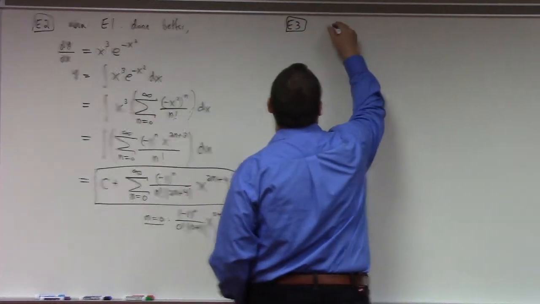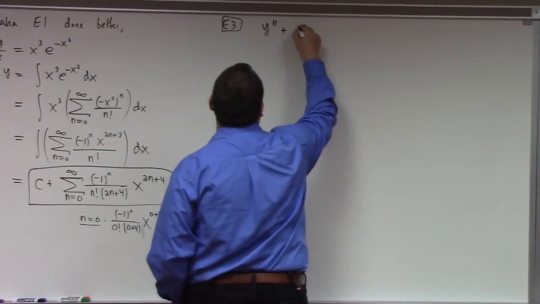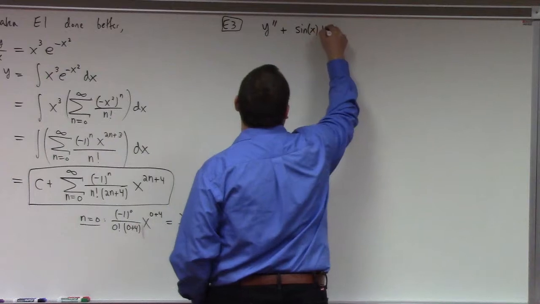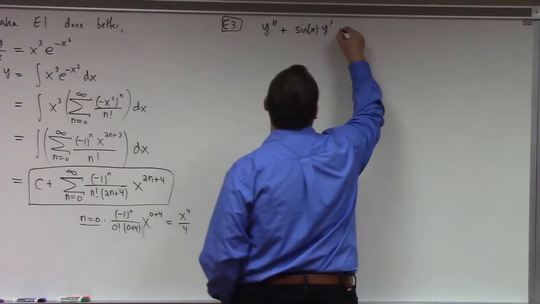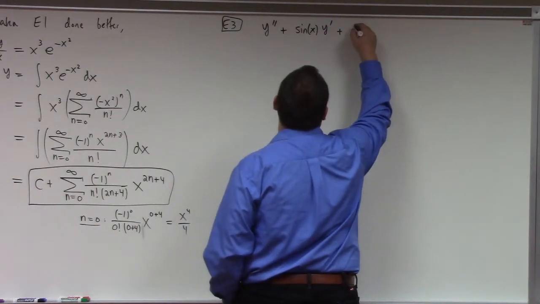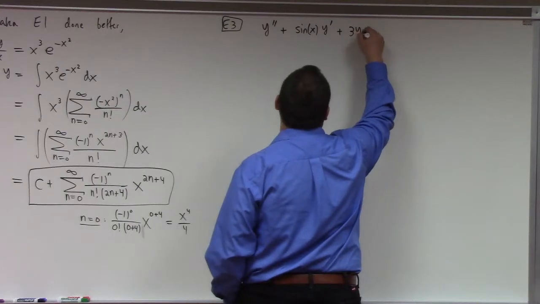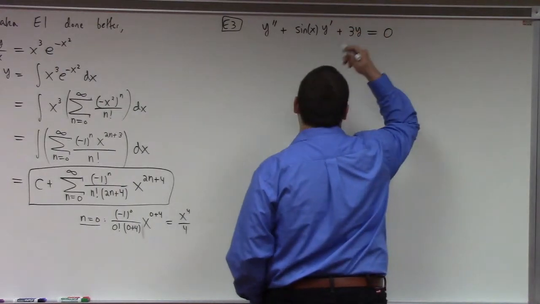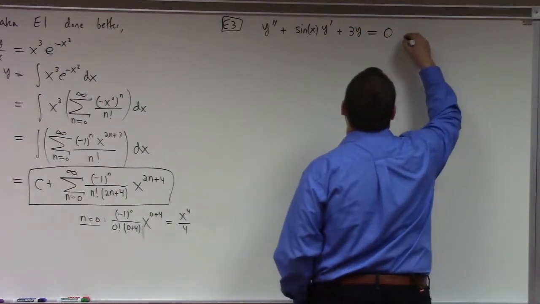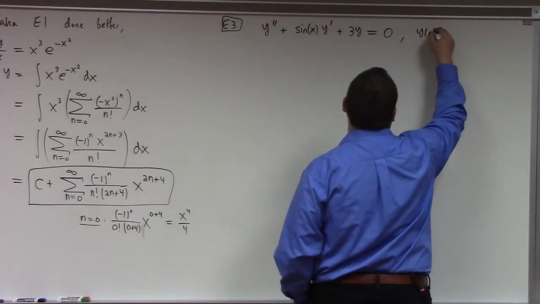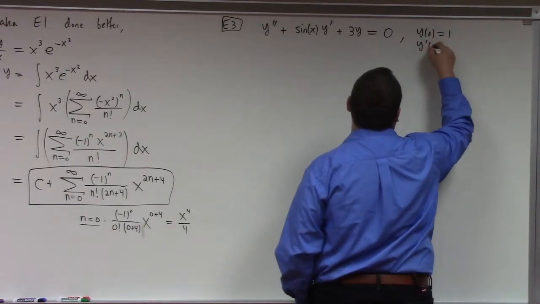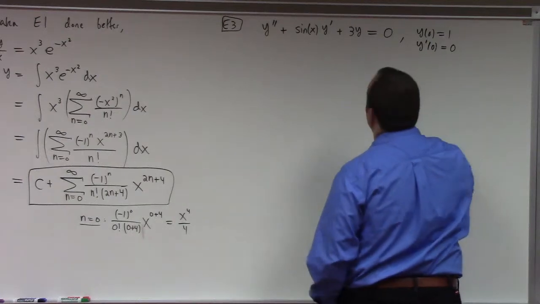We could have something like y prime prime plus the sine of x times y prime plus 3y equals 0. And I'll bump it up a notch here. I'm going to say y of 0 is 1 and y prime of 0 is 0.